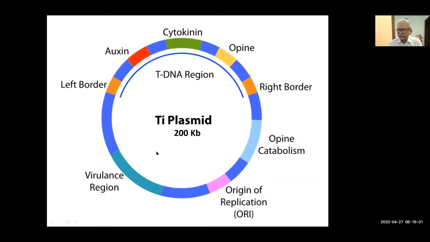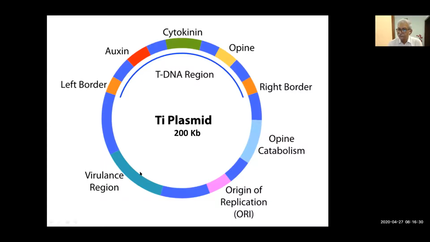And this virulence is determined by a set of different genes. So the Ti plasmid has about a 40 kb DNA region, which is involved in coding the virulence genes, which trigger the infection of Agrobacterium to the plant cell.